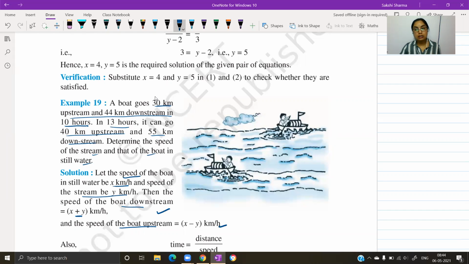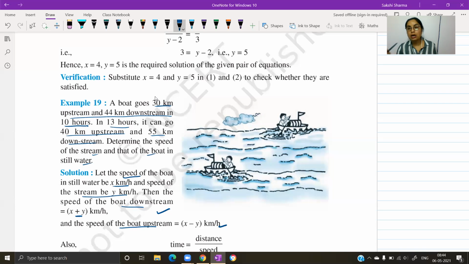Anyone who does not understand how we are assuming values up to here? You are assuming the speed of the two objects, the boat's speed. If the person is rowing the boat, then you assume the rowing speed. Second thing you have to assume is the speed at which the water is flowing, the speed of the current or speed of the stream of water. What will their relative speed be?